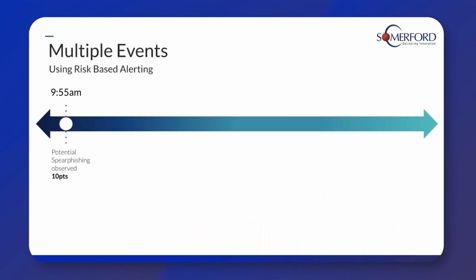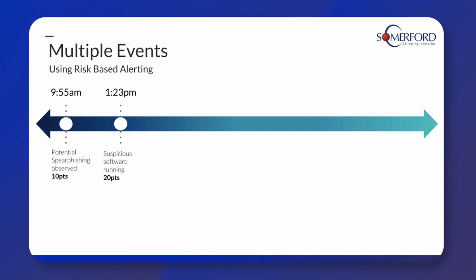Well, multiple events. Okay, so at 9:55, maybe we got a potential spear phishing observed. Now, do we know that anything's actually occurred there? Is it a security incident or is it just something that's happened, right? Let's add 10 points to the risk. All right, now at 1:23 p.m., quite a bit later, there's some software that's been running on this particular device, right? So we've applied risk to the device.